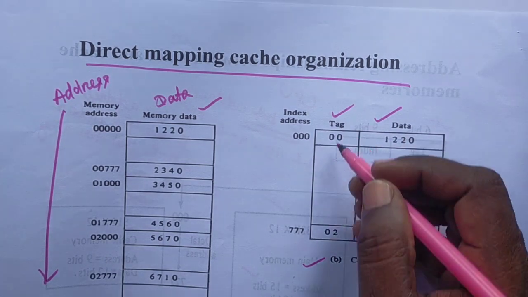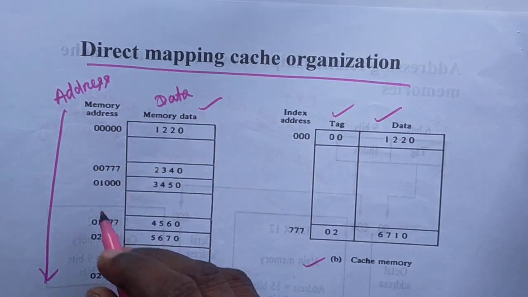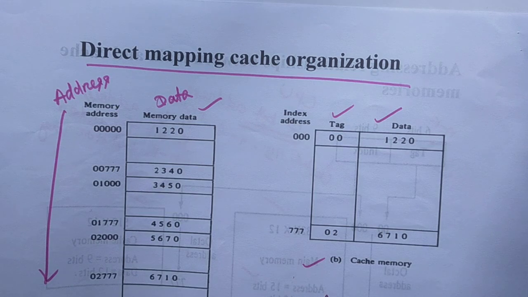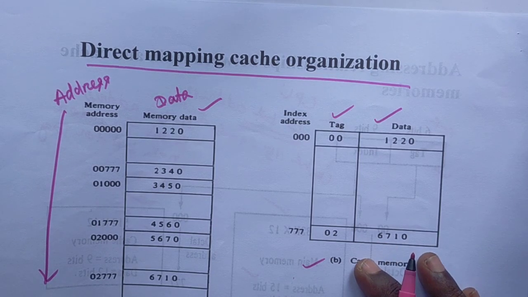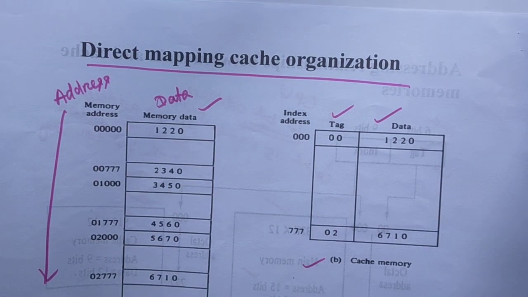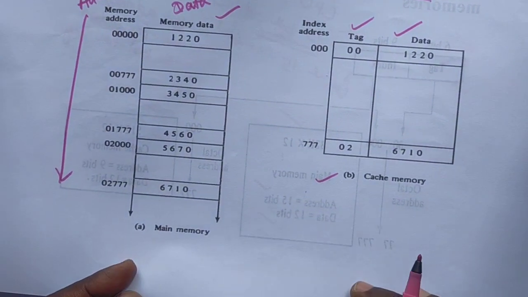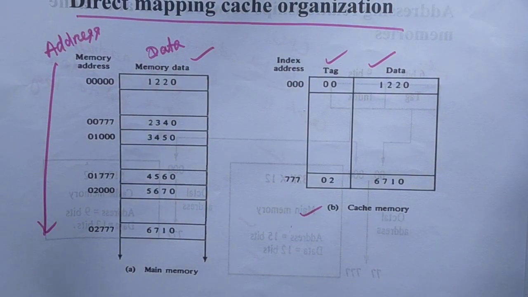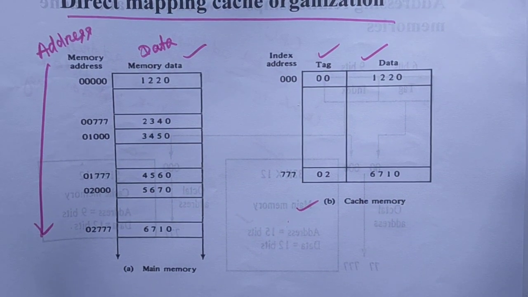In main memory, the combined memory address is defined this way. So it is a very simple design of main memory and cache memory, a data address through tag and index.